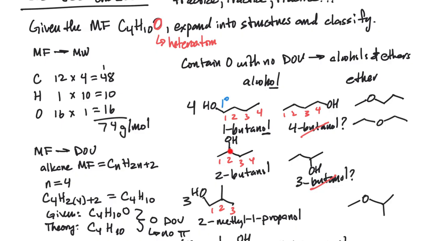If we identify the carbon here bearing the OH group, that carbon is bonded to 2 other carbons, so we would say that is a secondary alcohol. In this case, the carbon has 1, so that's primary. The final case, the carbon bearing the OH group has 1, 2, 3, so this would be an example of a tertiary alcohol.